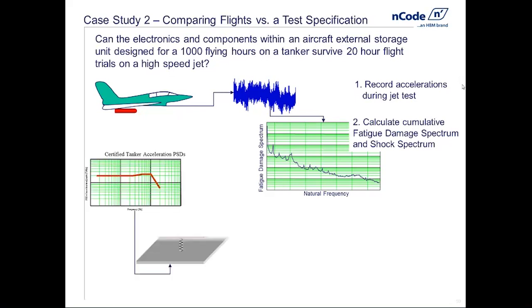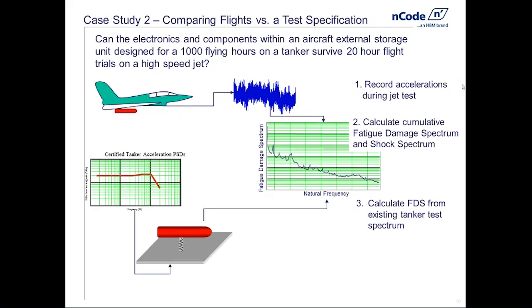The next question is, this particular underslung storage device was actually previously tested for another aircraft. The exact same storage device, exact same bracketry, was tested for a low-speed aircraft. And the test that was done, we can see that shaker profile in the test rig in the lower left corner.